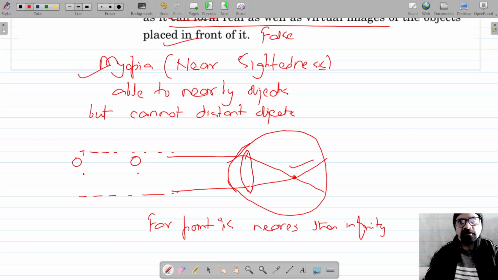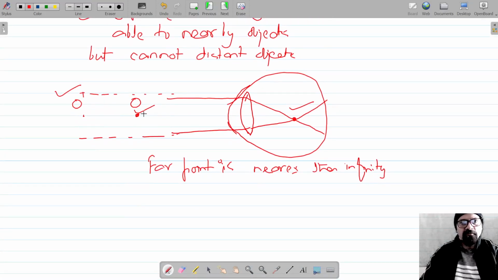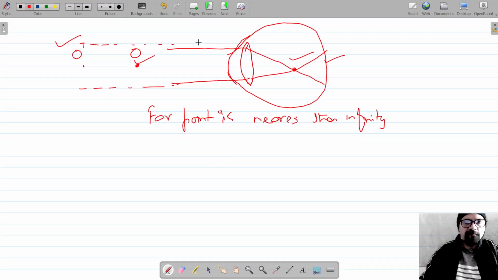To correct this, this was the far point, and now it has reached here. So we have to diverge the rays of light coming here onto the retina, and this is corrected by using a concave lens of appropriate power.